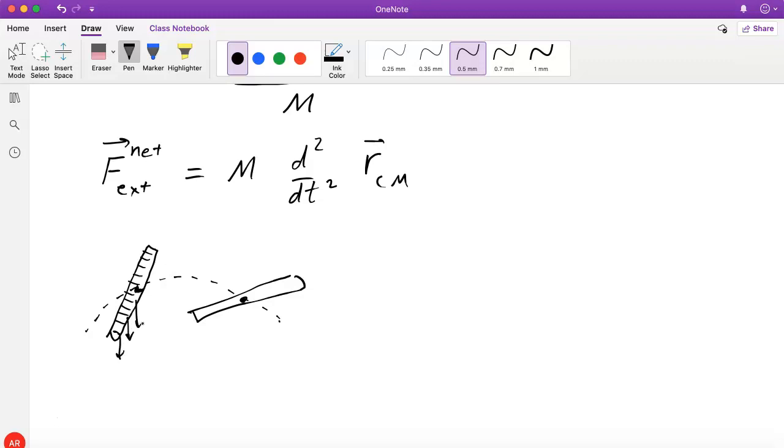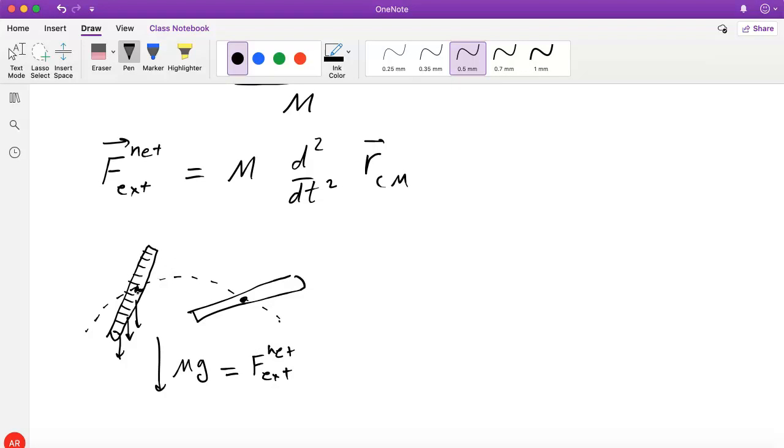And if you add all of them up, you just get the total mass of the rod times g. That's the net external force, which is downward. So as far as the center of mass at one point in the middle of this uniform rod is concerned, it's just behaving like a point particle moving under gravity. It's just projectile motion. It's a parabolic curve, has downward acceleration g, no acceleration in the horizontal direction.